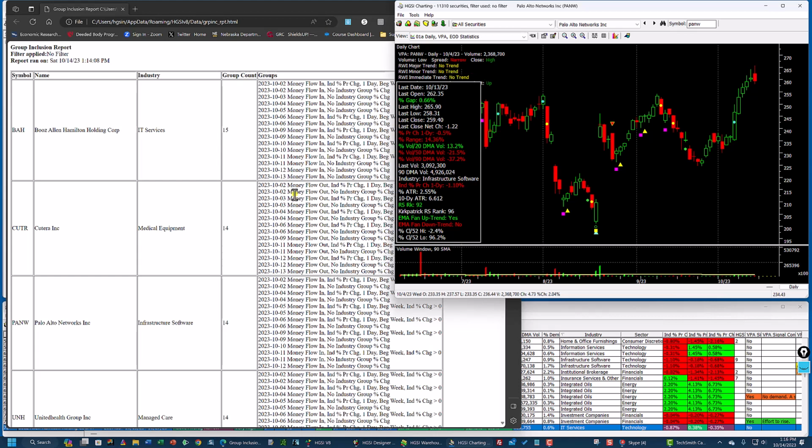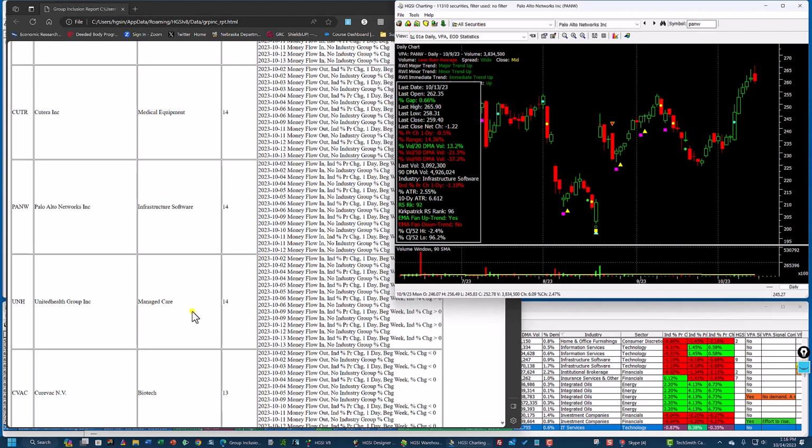This is the 2nd, the 3rd, the 4th. I'm sorry, I'm looking at the wrong one. The 2nd, the 4th, and the 5th. Okay, the 2nd. I'm looking down here at the bottom, by the way. Here's the 4th, and here's the 5th. So it started showing up, and then the big move up.